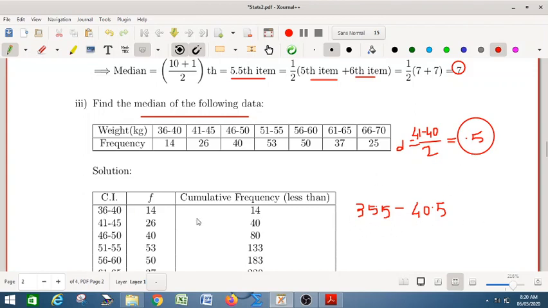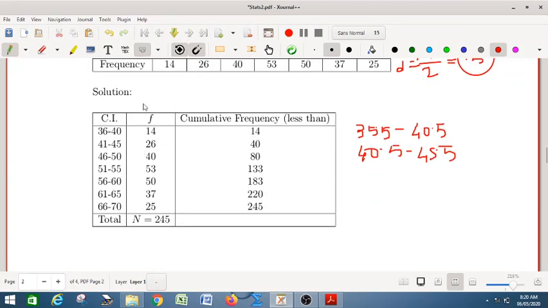Then the next will be 40.5 to 45.5. So this makes the data continuous. Look at that, this is how you will calculate. Otherwise, you can show it in the table, or at the final stage you can write the value of the lower boundary.